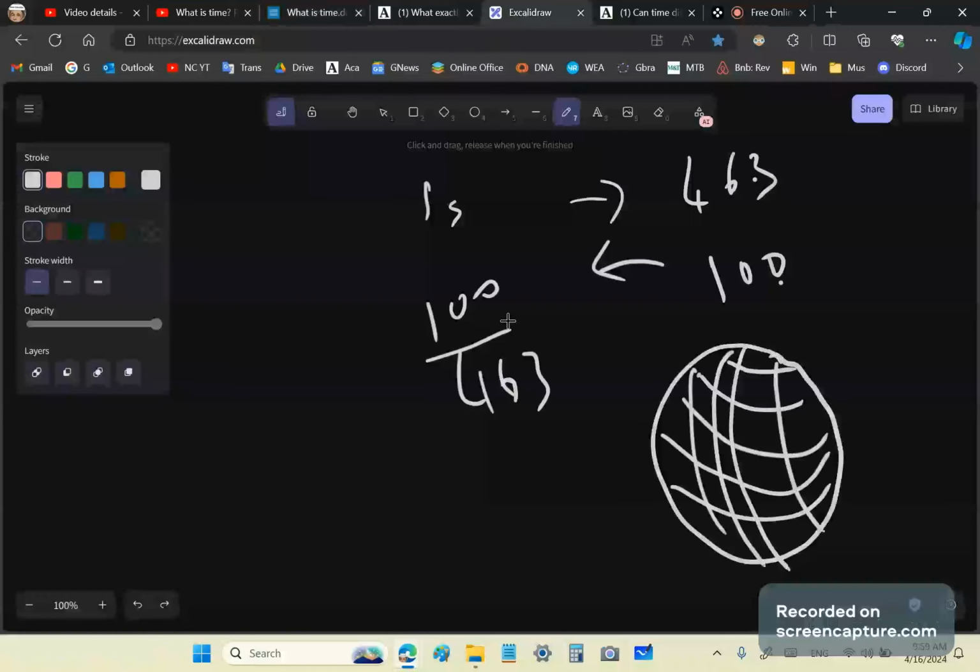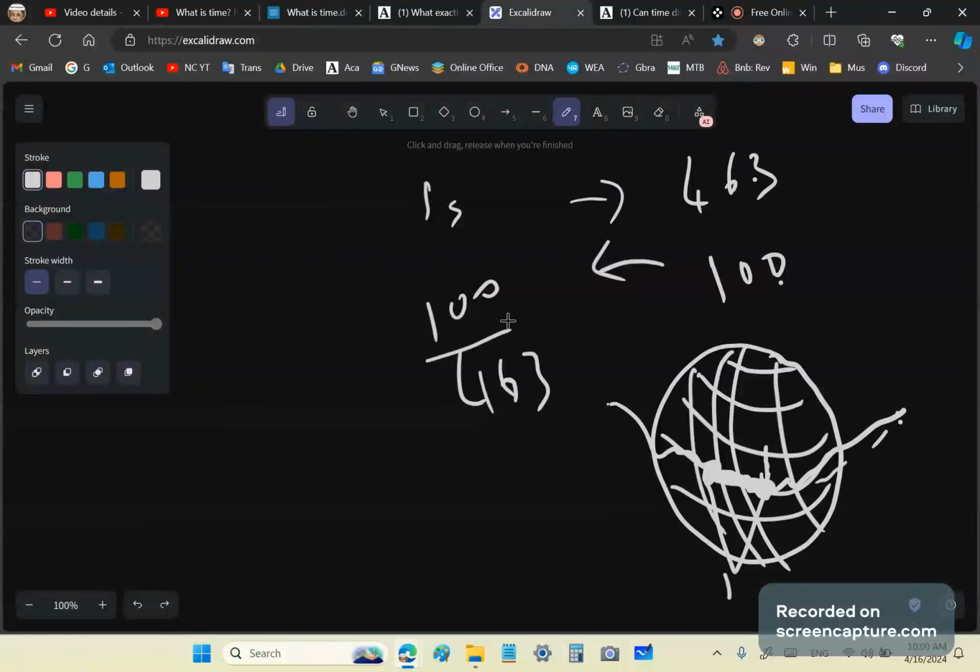So let's think of this as the equator here. If you have a point here, let's say a big point here, and 463 meters is this distance here, then we know that for the Earth to move so that this point overlaps this point, it's exactly 1 second.